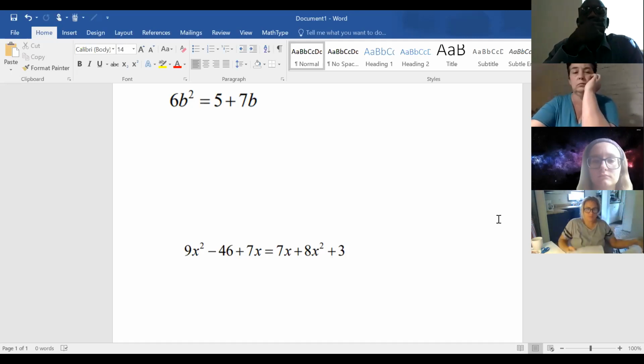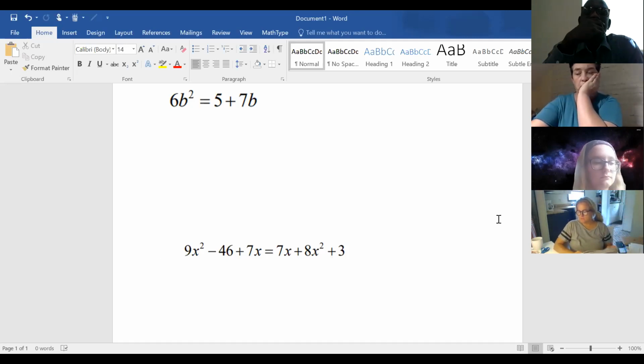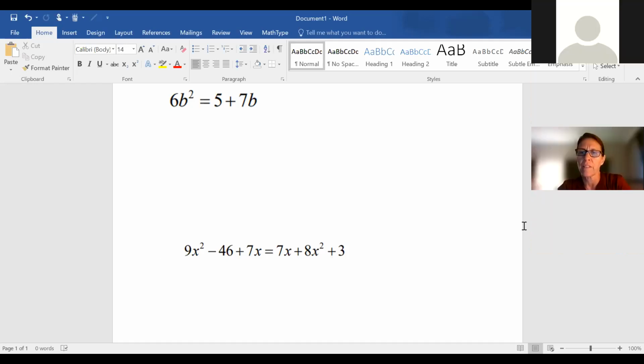Okay, so somebody want to walk us through the steps for the first one? What they did? I can do it. Okay, go ahead, Annette. So you want to get 0 on one side, so you want to subtract 5 and 7b from both sides.